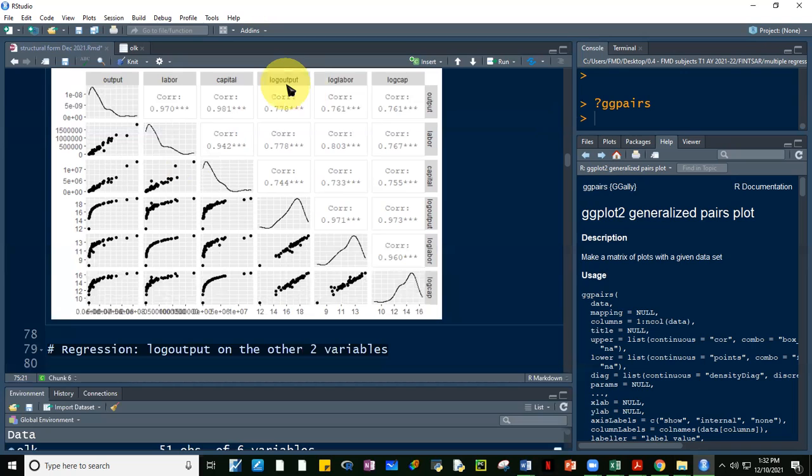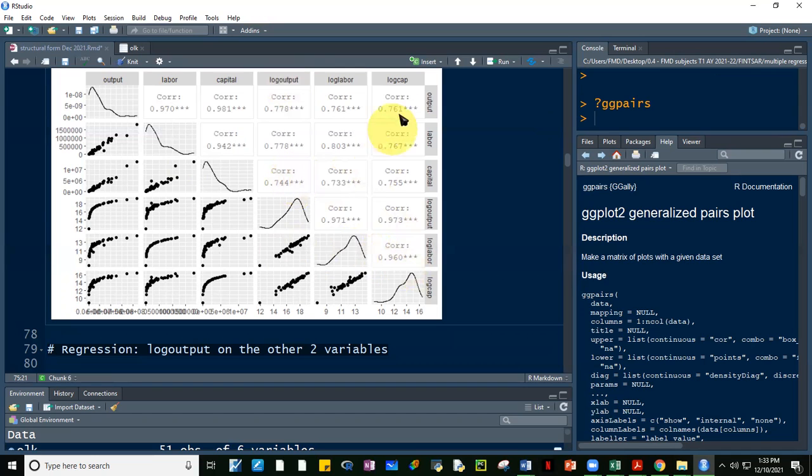Log output and log labor, log output, log labor. Okay, very high correlation, no? Very high correlation. Pero yung log output, log output and asan yung log labor natin?